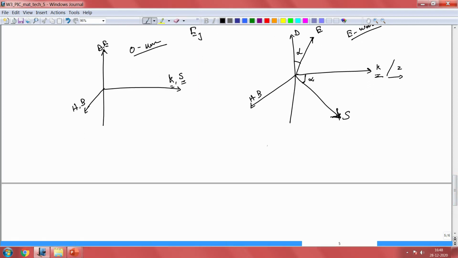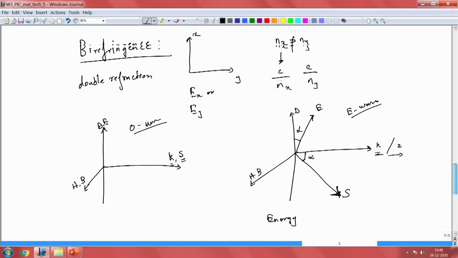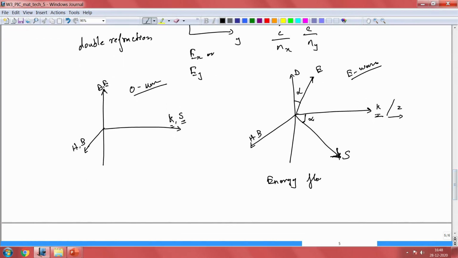So, to summarize this, the energy flow flows away from the direction of its wavefront propagation.